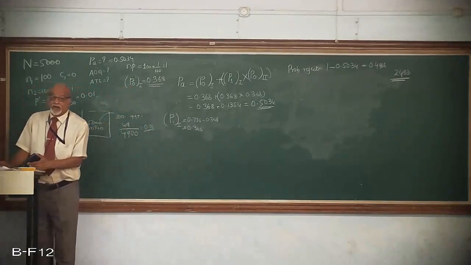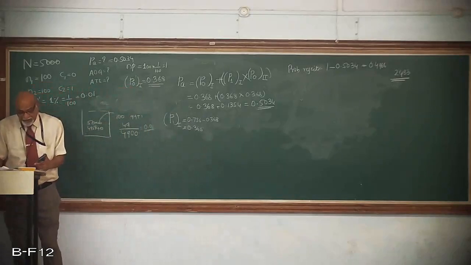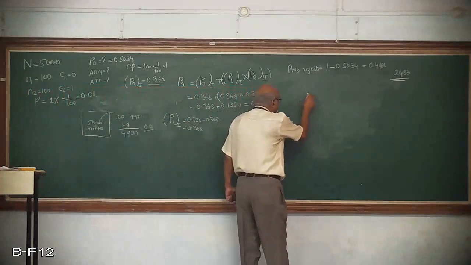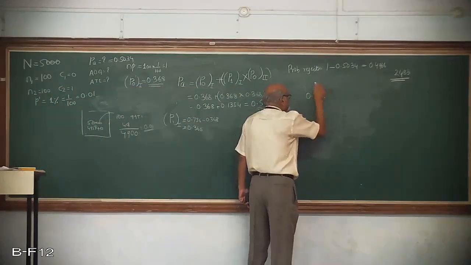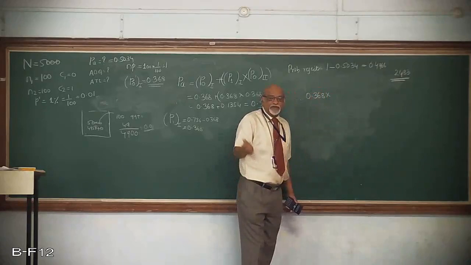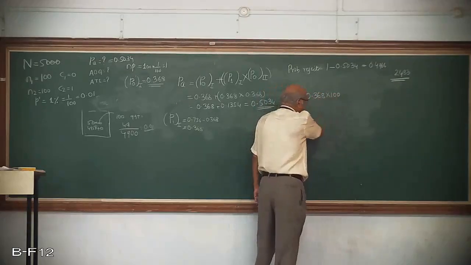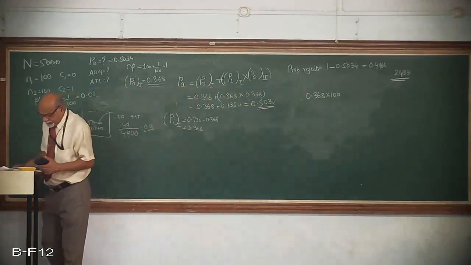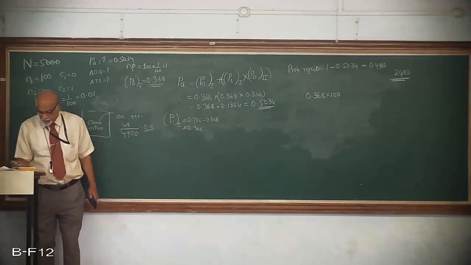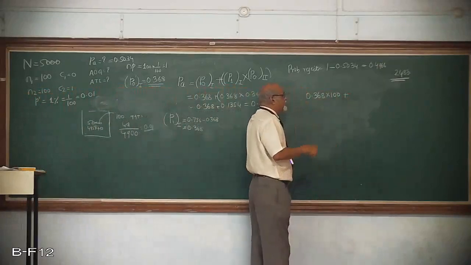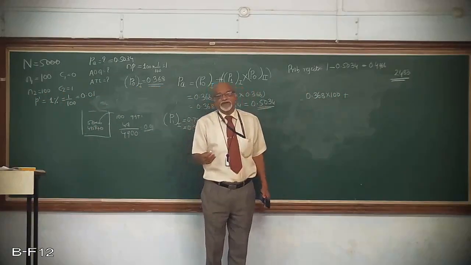But again, for accepted lots, what I have to do is count the articles inspected after taking the first sample. How many samples were taken? 100 samples were taken. So that is 0.368 into 100. How many in the first and second samples together?